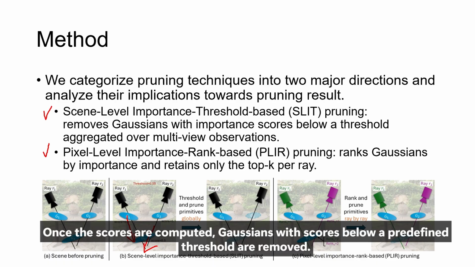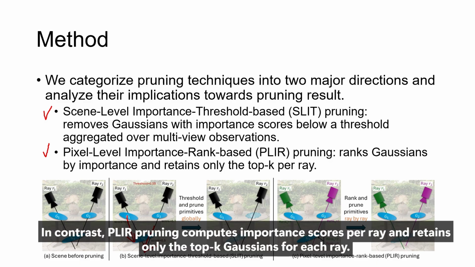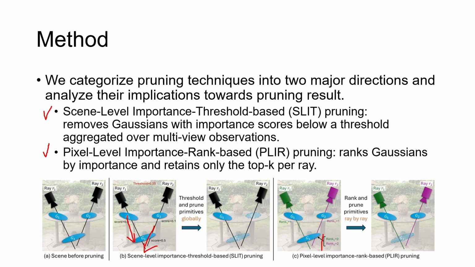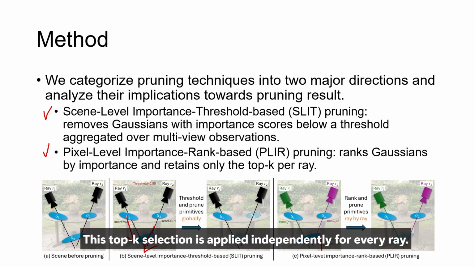Once the scores are computed, Gaussians with scores below a predefined threshold are removed. In contrast, BLUR pruning computes importance scores per ray and retains only the top K Gaussians for each ray. This top K selection is applied independently for every ray.